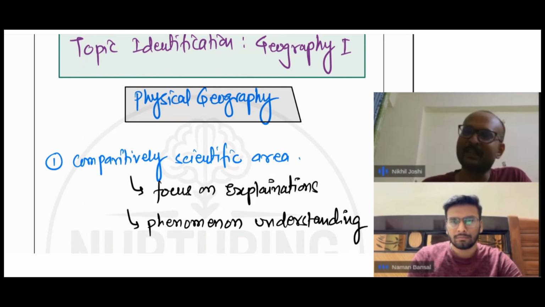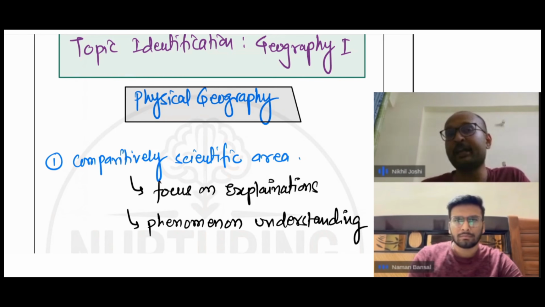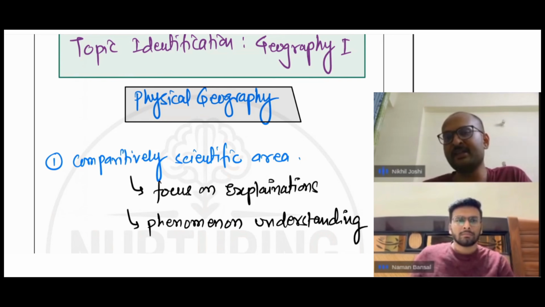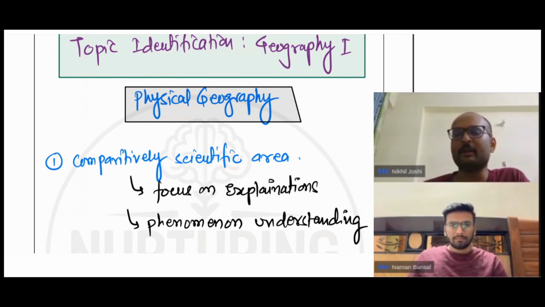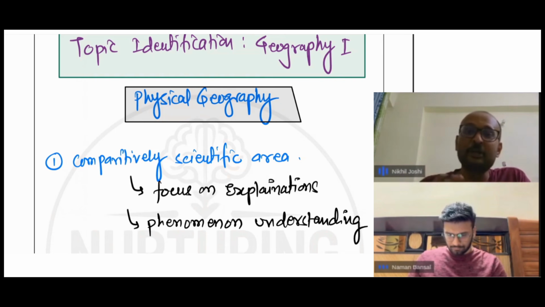The second aspect is that this is an area where you have great differentiability. In history, I try to give you as many pointers as I can to create differentiability, whether by presentation, by detailing, by additional content, or by the way of argumentation. But here the picture is very clear.